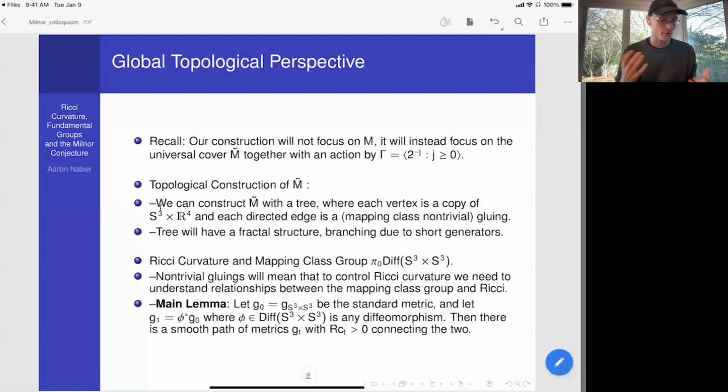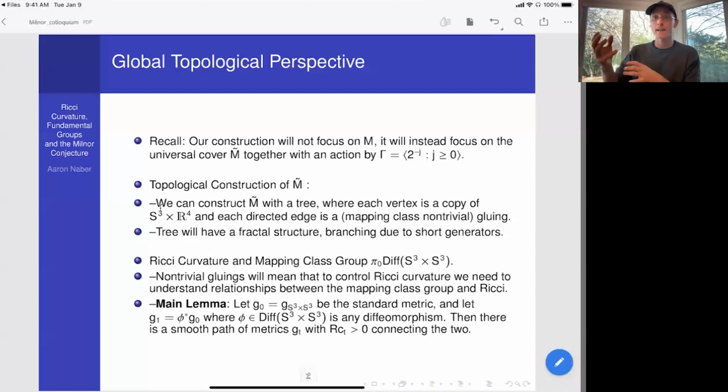Geometrically, we're used to just calling those the same thing, and we don't even worry about that, but I'm saying let's worry about that for a minute. So we have G naught, which is the standard metric, and G1, which is the standard metric written in terms of these new coordinates on S3 cross S3. Then the claim is that there's a smooth family of metrics, G sub t, with strictly positive Ricci curvature, bigger than 6 maybe, which connects the two.